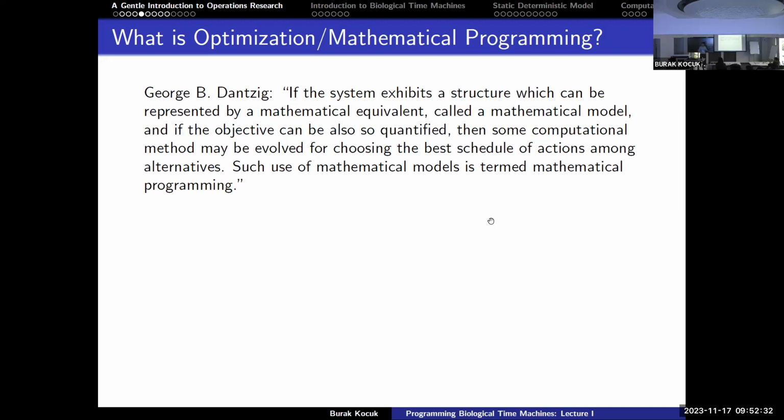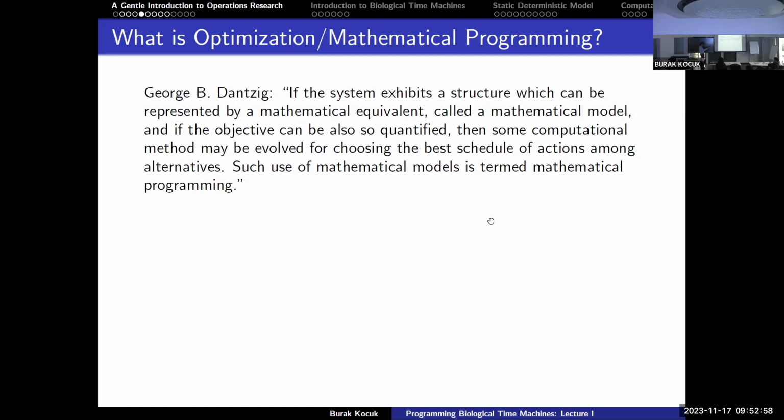So he's talking about an algorithm for choosing the best schedule of actions among alternatives. As I told you for the NP-hard problem, our alternatives are the subsets. So he wants to find methods to find the best schedule of actions, essentially meaning: give me an optimal solution.